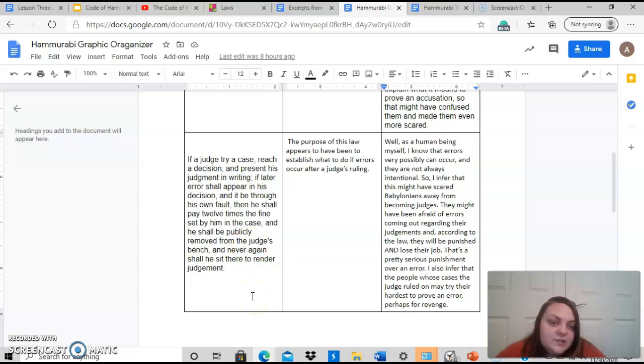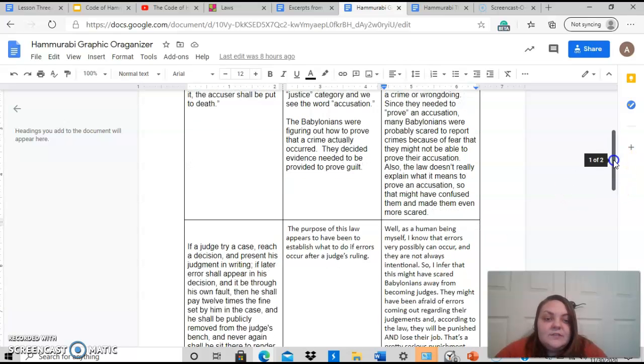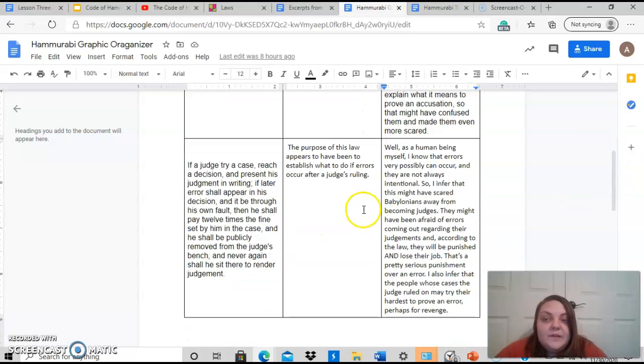Well, what about judges? And I would use those questioning techniques to help them make sense of the law and analyze it, to critically think about what it's about and what it could mean. And then, of course, we would make inferences. And as students give me answers, I would type them in on the organizer. I would be sharing my screen, and this is just an example of what it might look like.